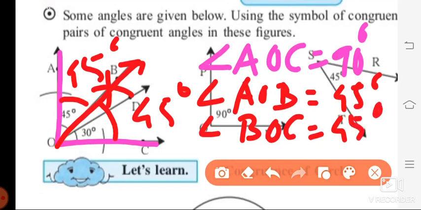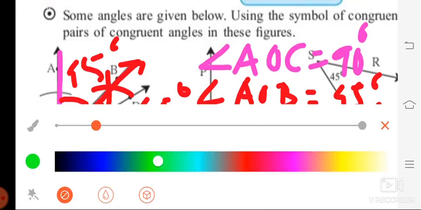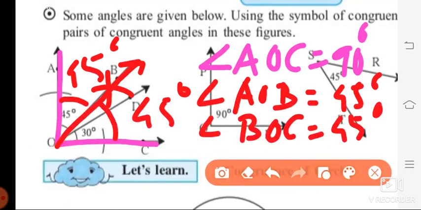Yes, now I'll use some other color. Now if you will see, they have given one ray inside in this way. And what is the measure of that angle? See, I am drawing that ray. They have given you the ray in this way. What is that angle which I am showing with green color? It is 30 degrees. What is that angle's name?